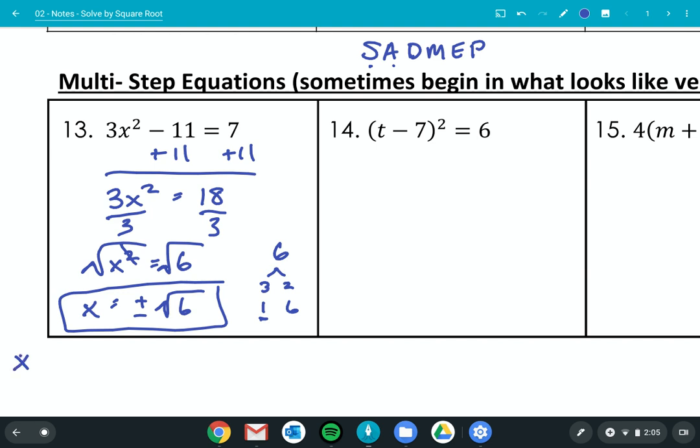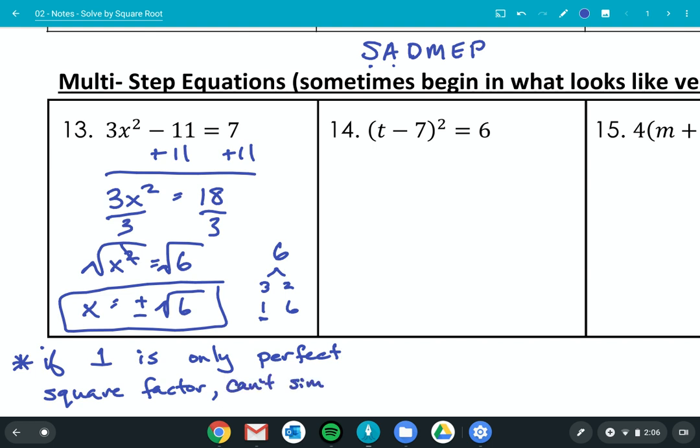Just a note when simplifying square roots: if 1 is the only perfect square factor, we can't simplify any further, so we just leave it as the square root.